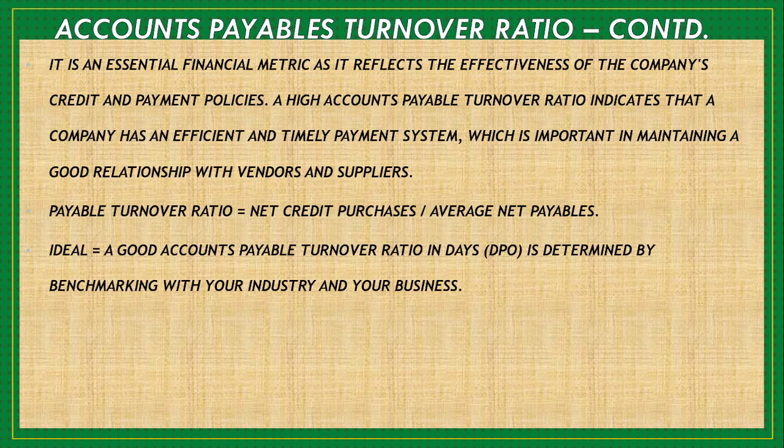A high accounts payable turnover ratio indicates the company has an efficient and timely payment system, which is important in maintaining good relationships with vendors and suppliers. Formula: net credit purchases divided by average net payables. Ideal: a good accounts payable turnover ratio in days, that is DPO, is determined by benchmarking with your industry and your business.